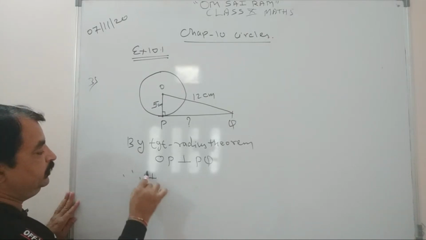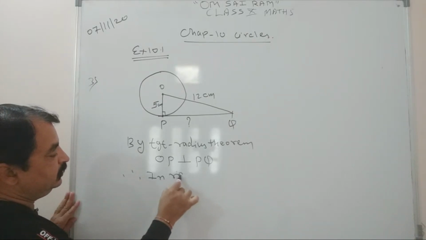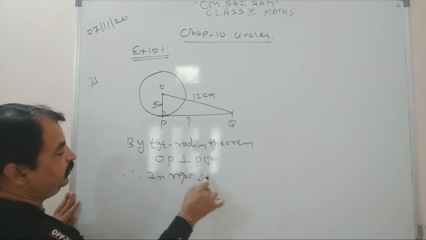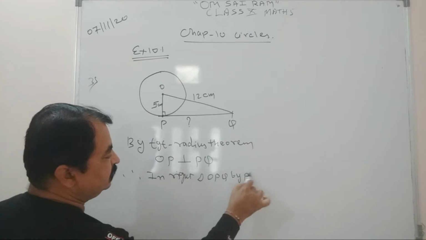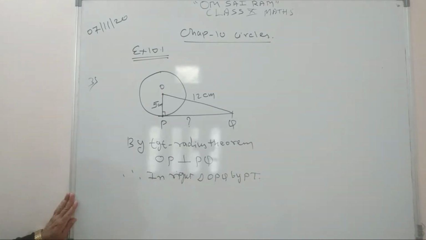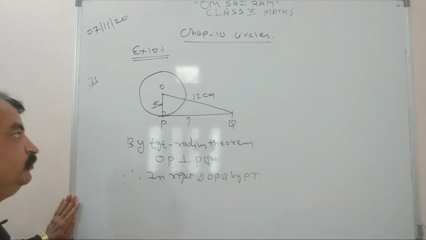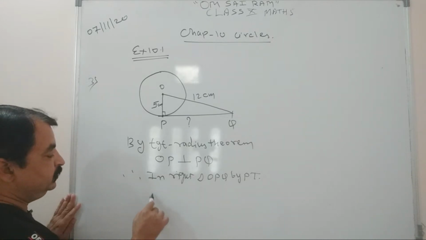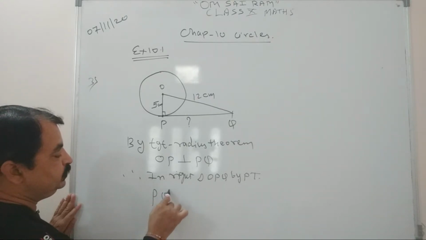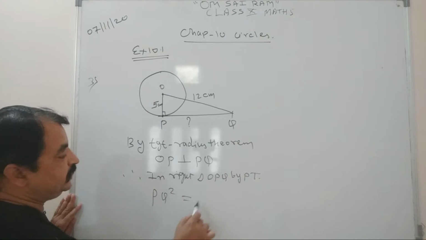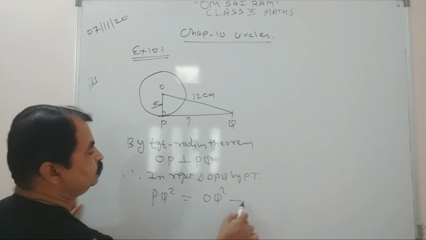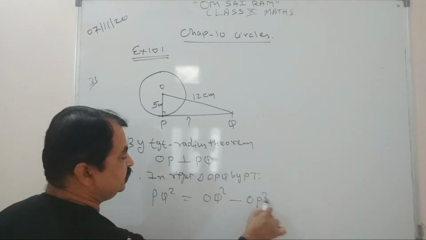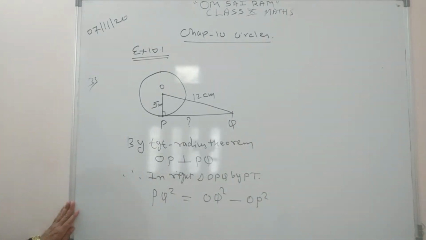Therefore, in right triangle OPQ by Pythagoras theorem, that is PT. In short, you can write the Pythagoras theorem as PT. So what will you get? PQ square, this is one of the sides squared, equals hypotenuse square, that is OQ square, minus radius square, that is OP square.